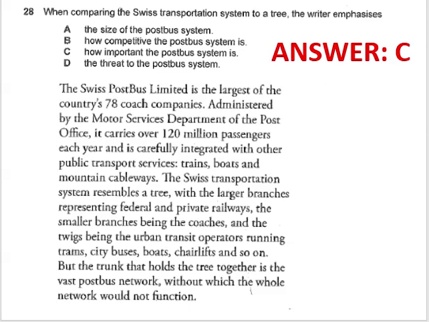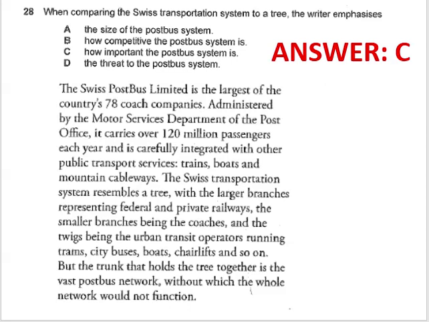The Swiss transportation system resembles a tree with the larger branches representing federal and private railways and the smaller branches being the coaches and the twigs being the urban transit operators running trains, city buses, boats, chairlifts and so on. But the trunk that holds the tree, so the trunk is a very important part of a tree, but the trunk that holds the tree together is the vast post bus network, without which the whole network will not function.